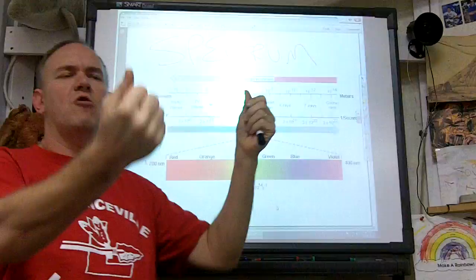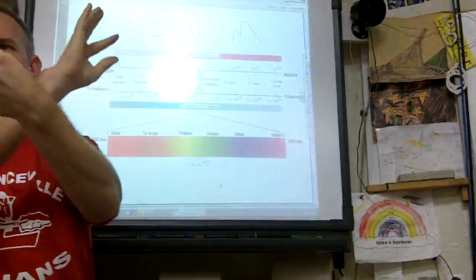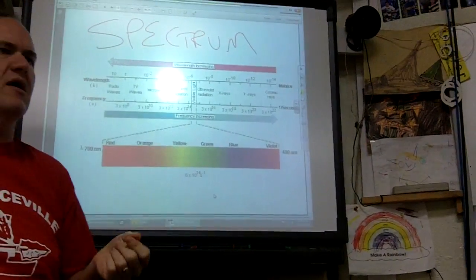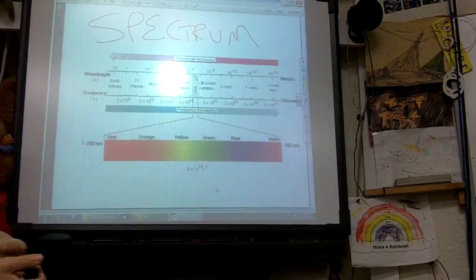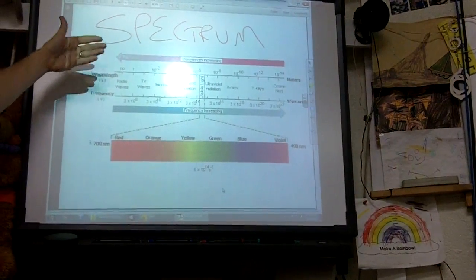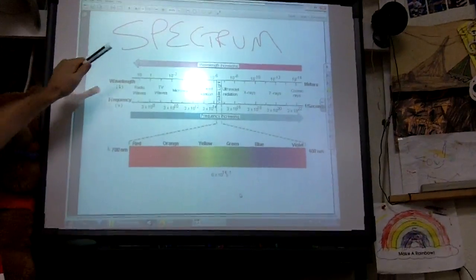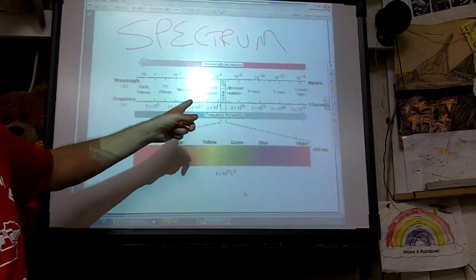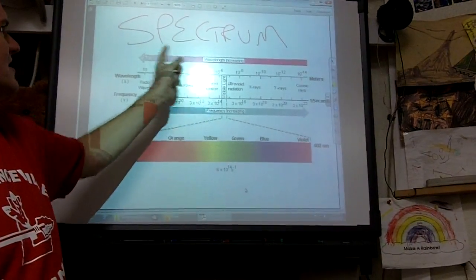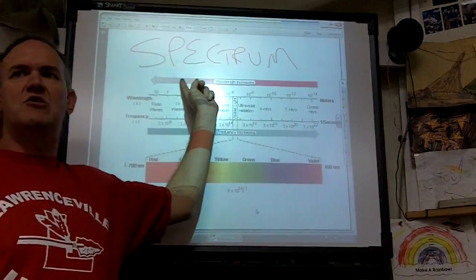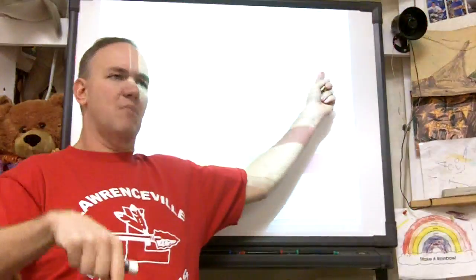Now you could hold a mirror up to this and reflect it and have this on that side too, and that would be okay too. And some textbooks will do that. But I like it to go from increasing frequency. And so by virtue of that, you could just as easily say that if the frequency is getting bigger, then the wavelength as you go to the right must be getting smaller.